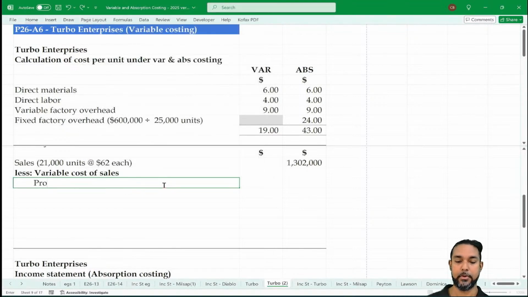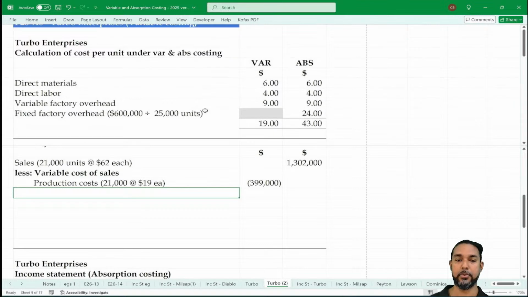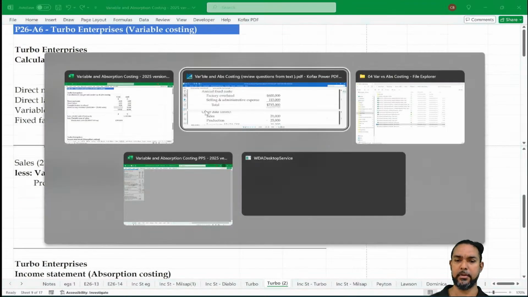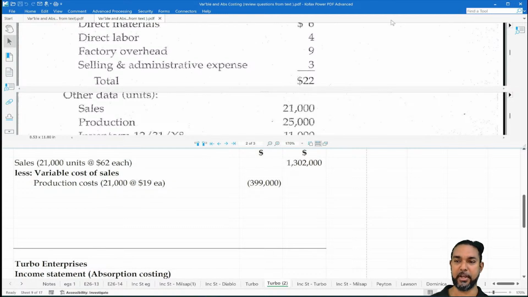So we have production costs, variable cost, right? So we have how many units? It was 21,000 units at $19 each. And we also have to include the selling and admin variable costs in this section.